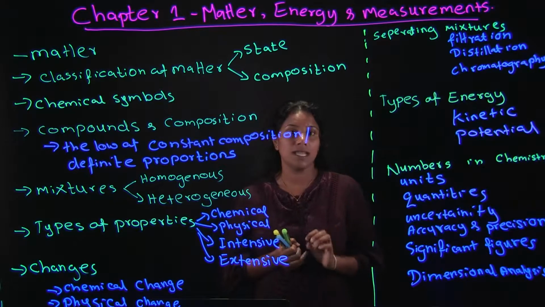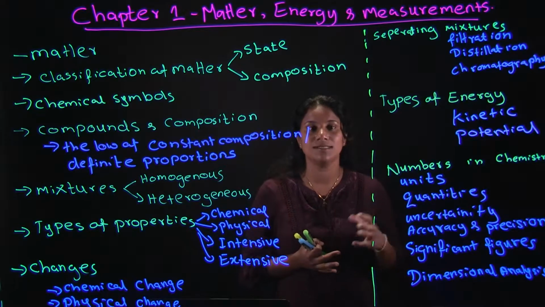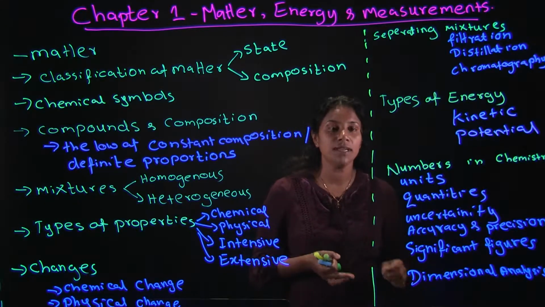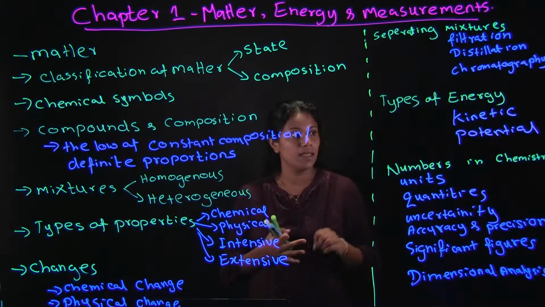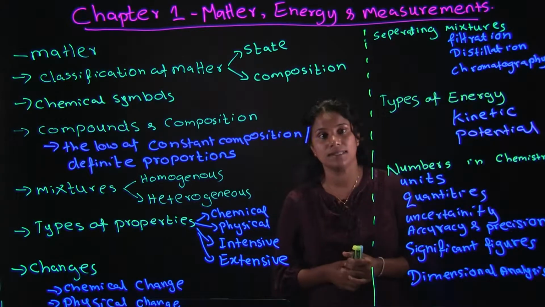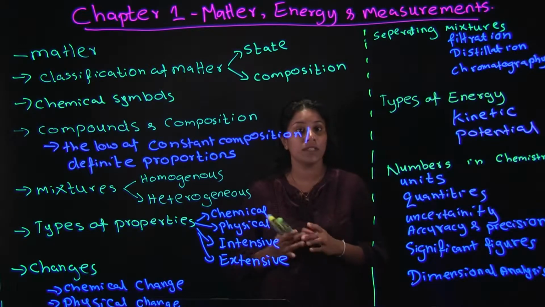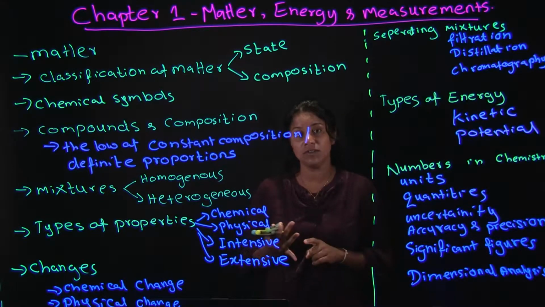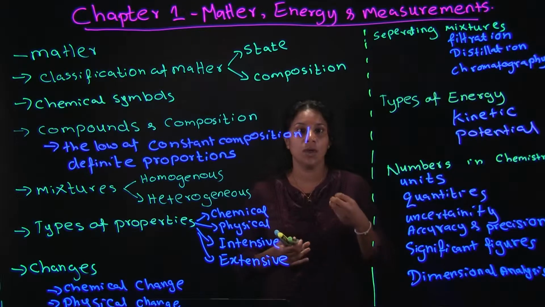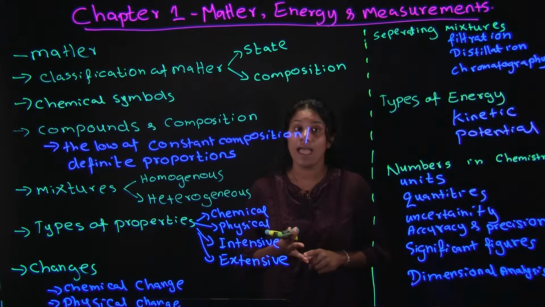And then types of energy: kinetic energy, which is associated with motion, and potential energy. The last part of chapter 1 consists of numbers. Very important. Numbers play an important role in chemistry. Units: we use SI units and metric units, quantities, uncertainty of measurement, accuracy.